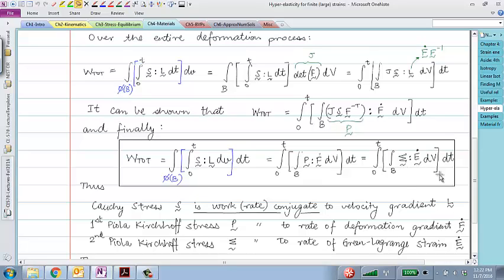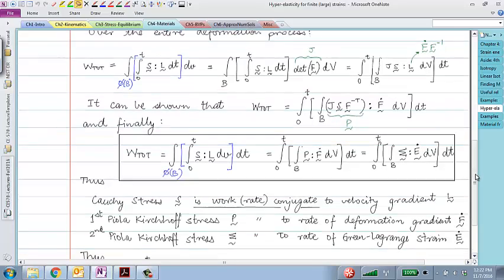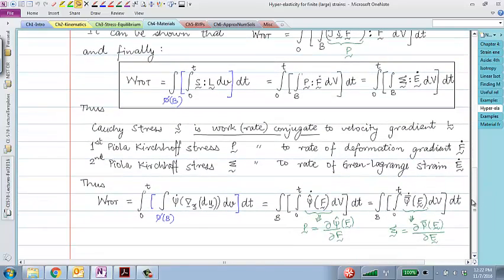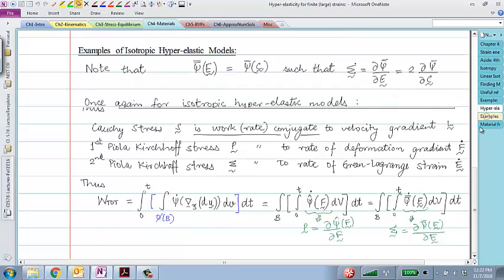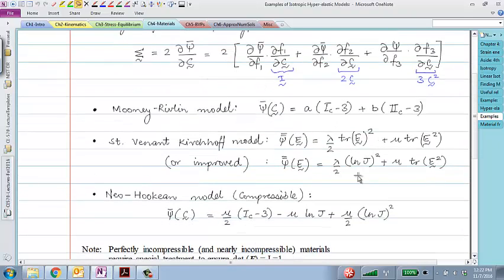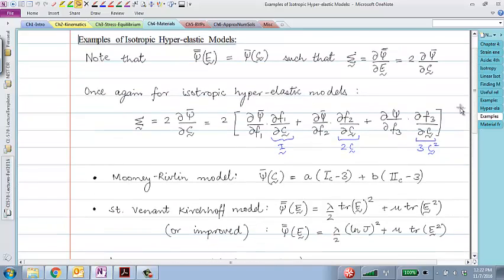These are all just equivalent definitions of the work done on a body and the energy stored at a point in the body. And the idea is still exactly the same: if you give me a strain energy density function, I give you a few different examples here, I can take derivatives of that function to find either Cauchy stress or first Piola-Kirchhoff stress or second Piola-Kirchhoff stress.